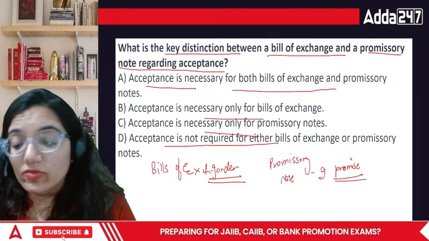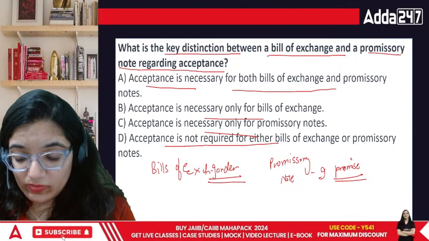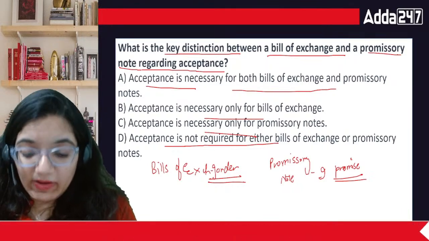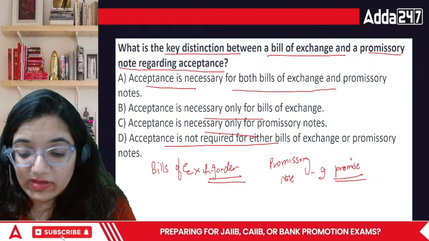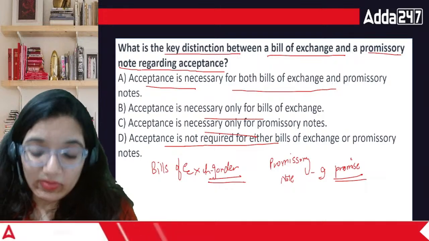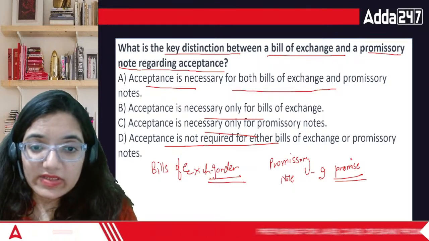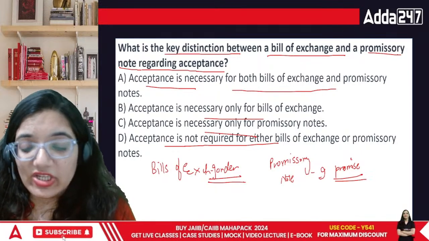When I order you, what will happen? It is your decision. What are you going to do? Okay, you will have to agree. Then I can ask you whether this is true or not, isn't it? So technically, in one case we have an order, while in the other case we don't have an order. So the correct answer would be that the bill of exchange has to be shown an acceptance.